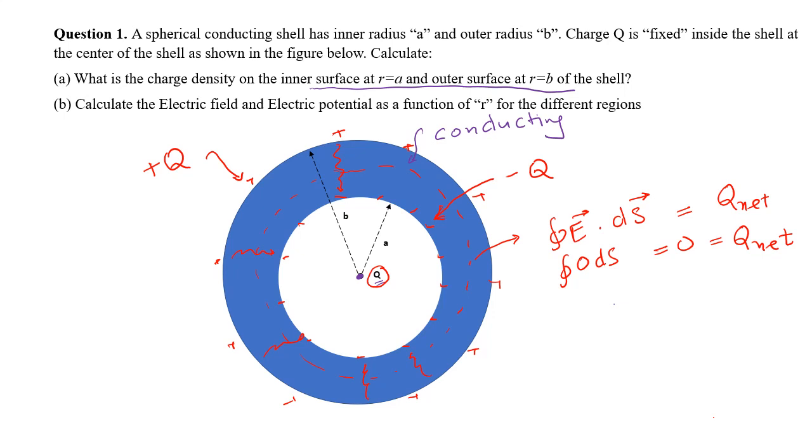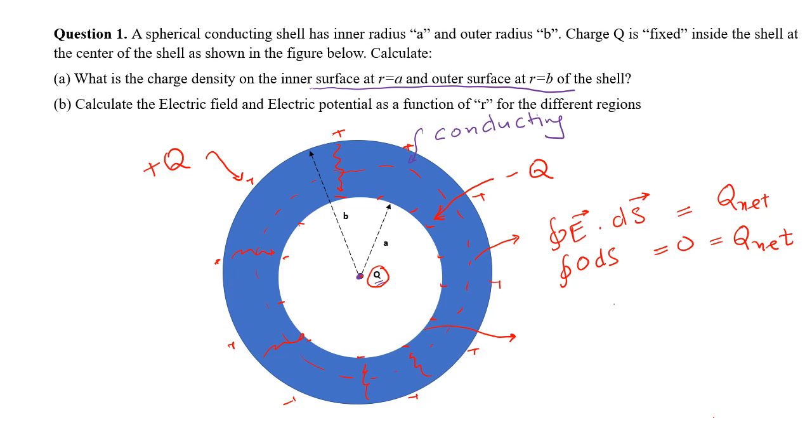The charge on the inside surface, this distribution would depend upon how this Q is placed within that cavity. And in this specific case, the charge which is present in the cavity is placed symmetrically around that surface.